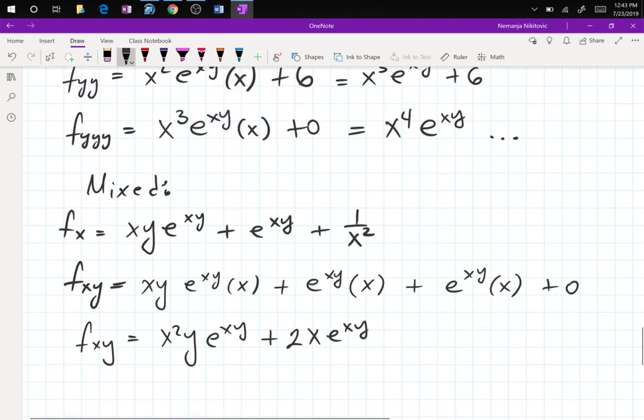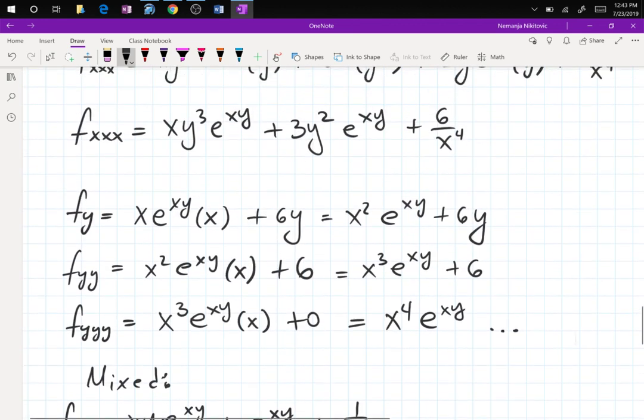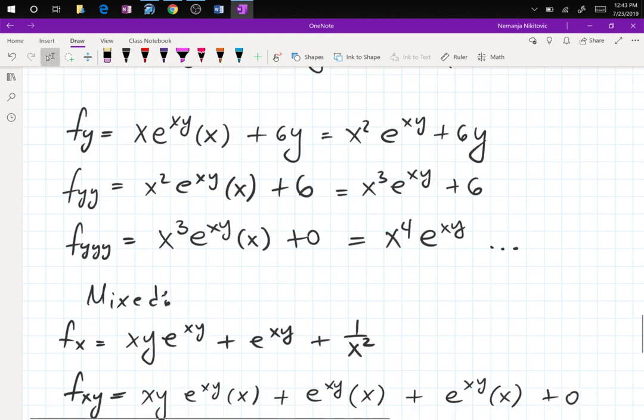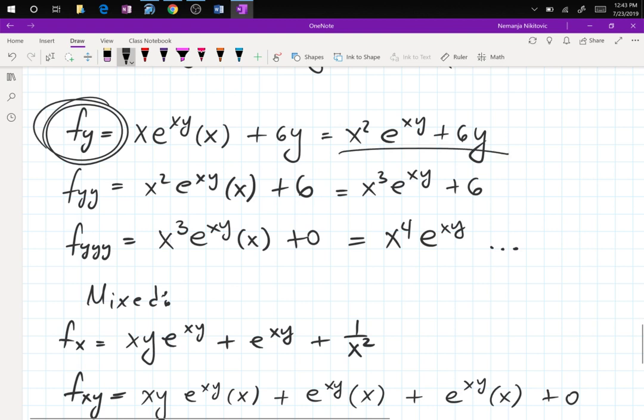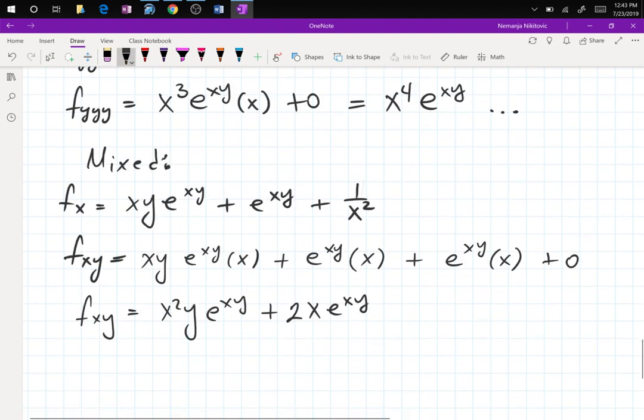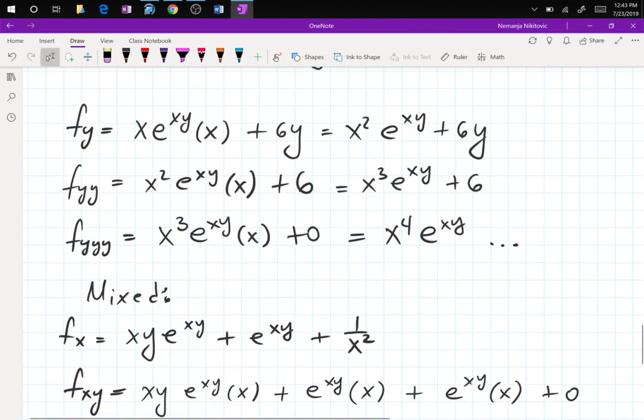What I want to do now is go into my fy here, and I want to find the mixed partial derivative fyx. So I'm going to copy this one.